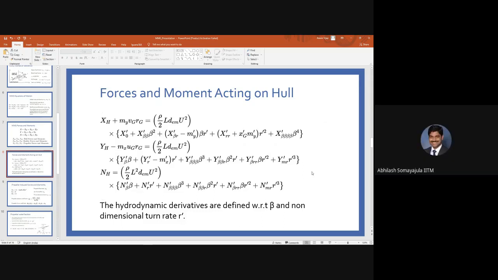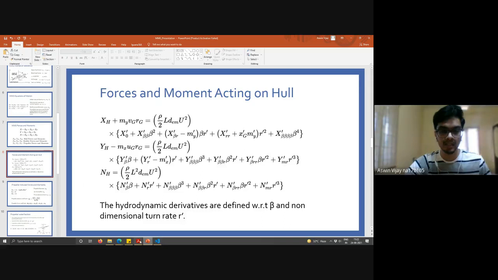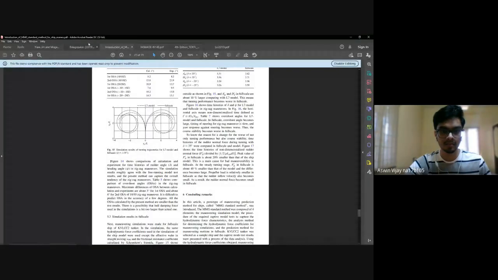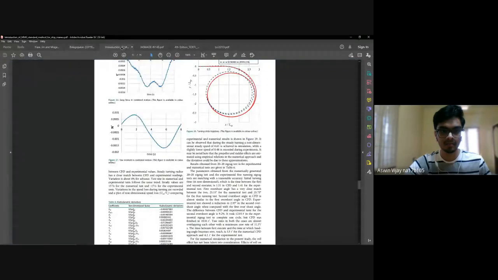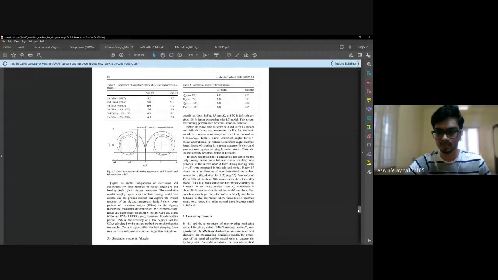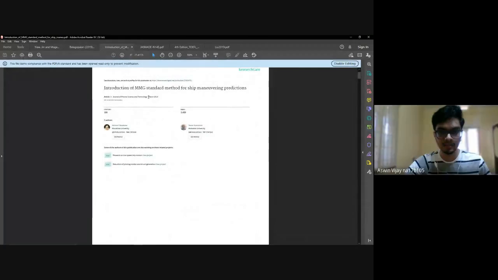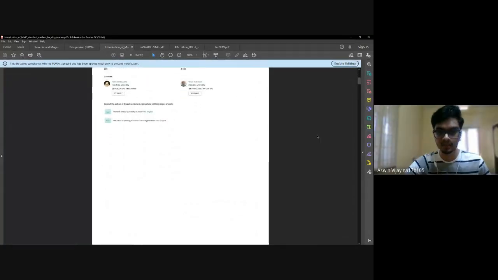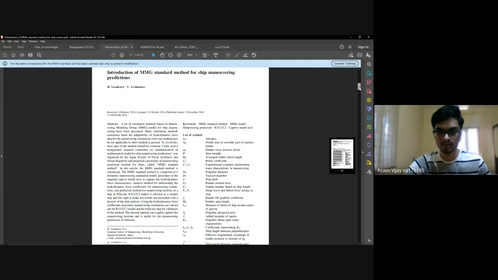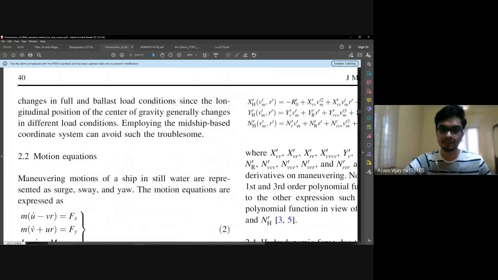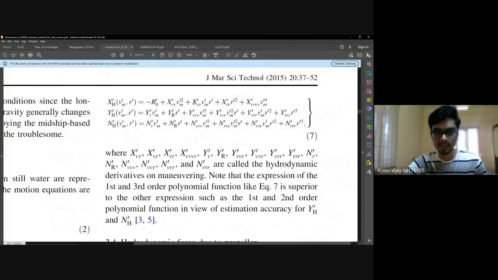The same one which I sent you at the end? No, the latest Yasukawa paper. This is the MMG 2015 paper. This is the 2014 paper, and in this paper they have used VR.